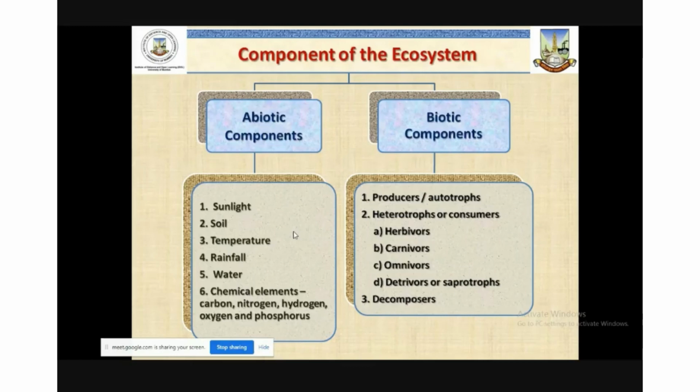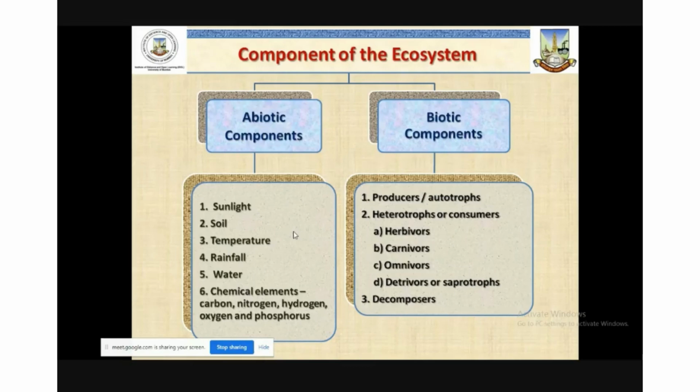As far as the biotic components of the natural environment are concerned, they can be classified into three types based on the trophic levels. A trophic level is the level formed by the feeding of a particular organism. On the basis of that, we classify it into three. The first one is producers or autotrophs, also called self-feeders, those who produce their own food.